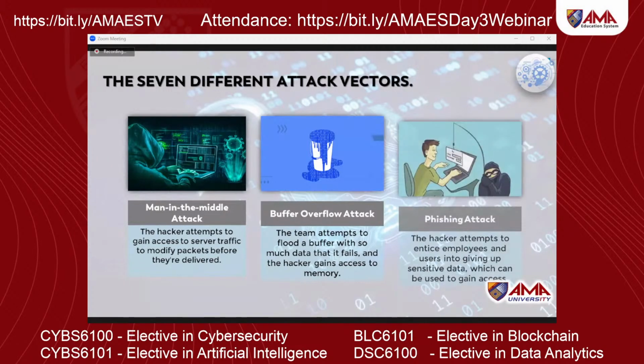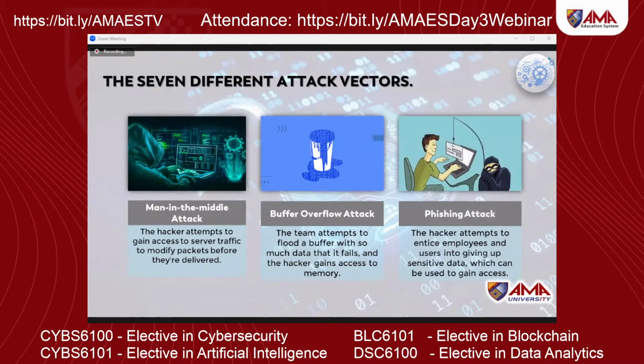And then, we all know the phishing attack, wherein the hacker attempts to entice employees. So, parang ito ay uri ng panloloko, that the users will be giving up sensitive data which can be used to gain access.